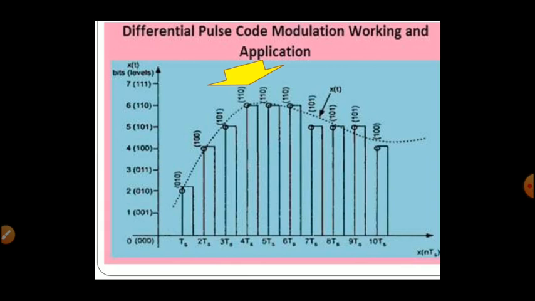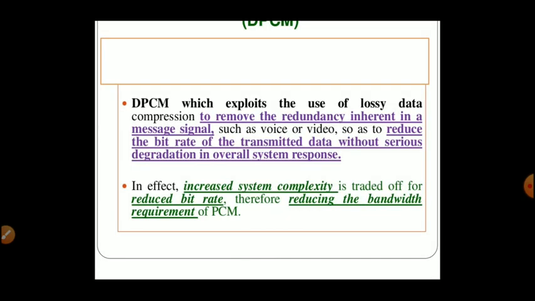The graph is plotted against the decimal numbers 1 to 7, that is converted into binary, then sampling times TS, 2 TS, etc. up to 10 TS.